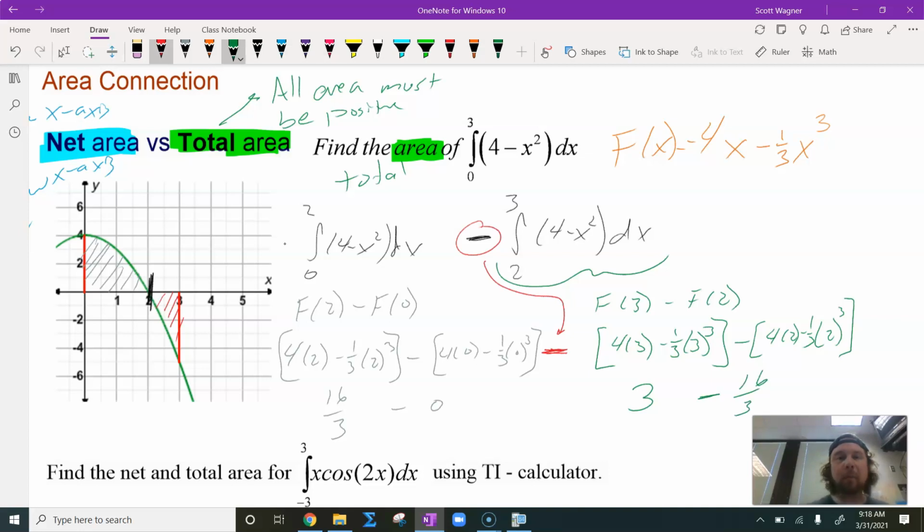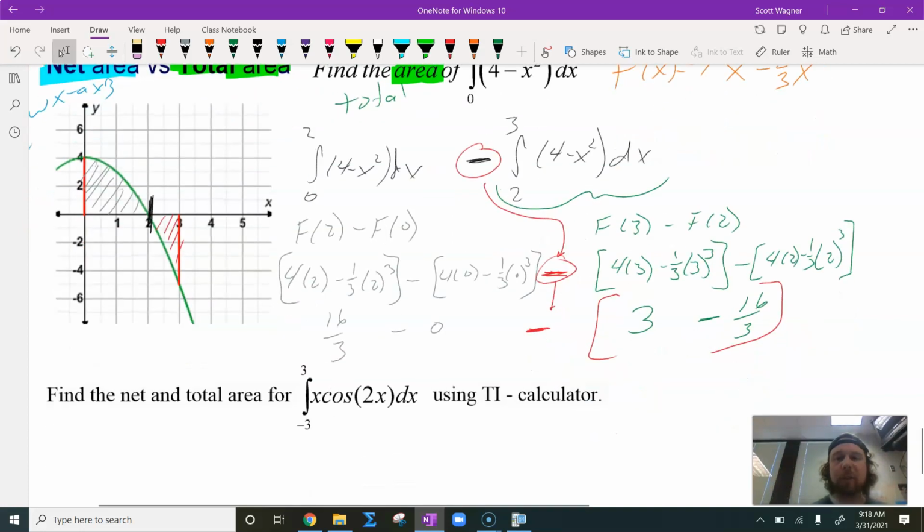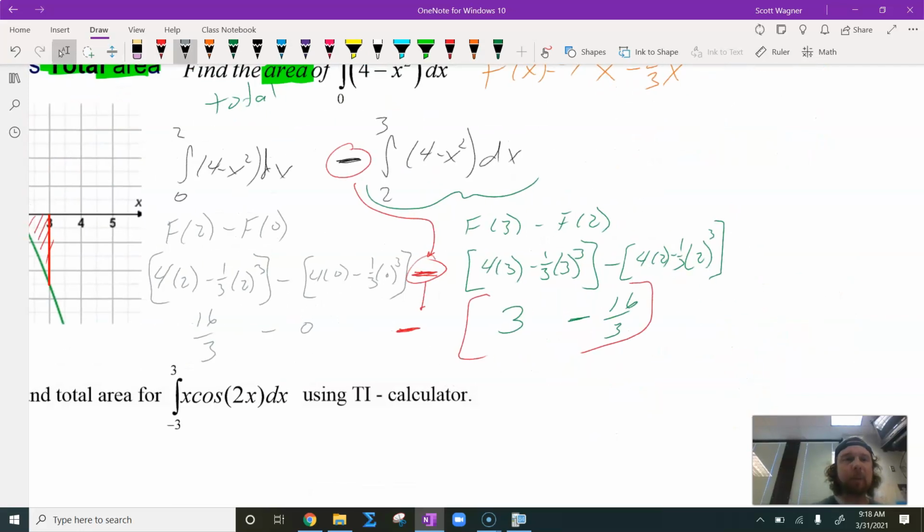But remember, I have this sign that I'm going to continue down. So I've got to take the entire gray section minus the entire green section. If I clean this up, the first part, 16/3 minus 0, the gray section, is just 16/3.